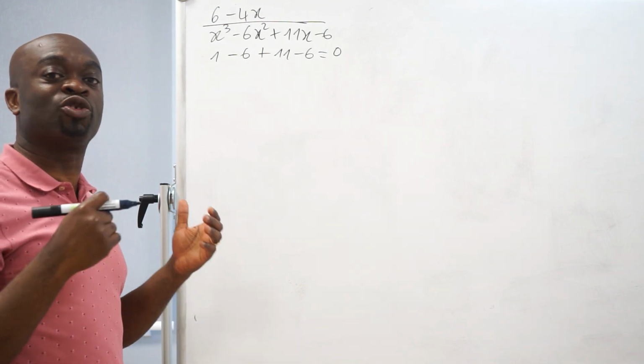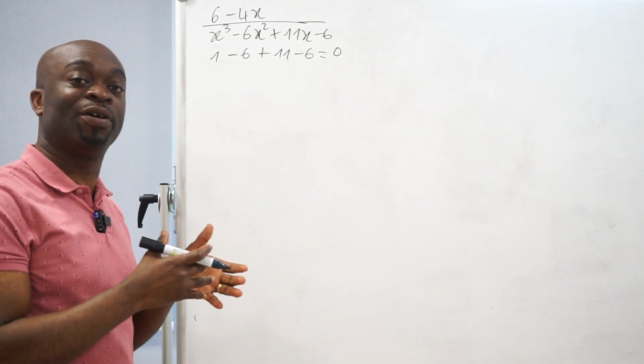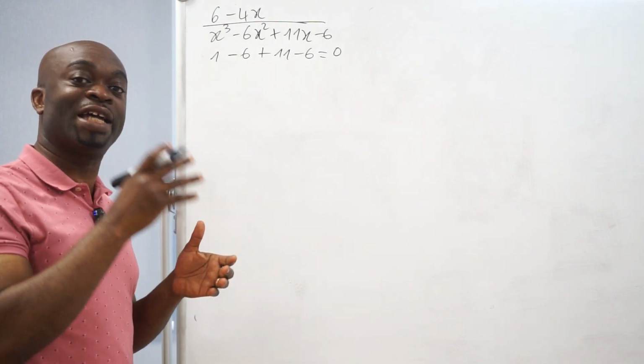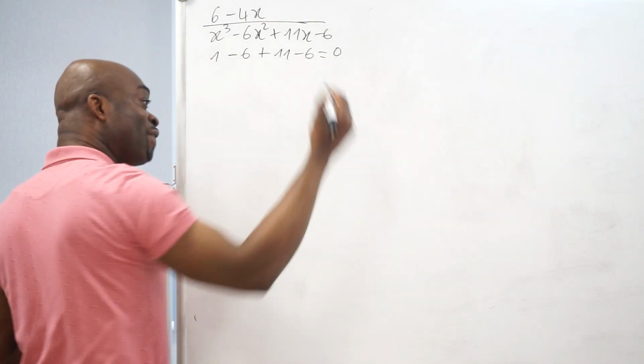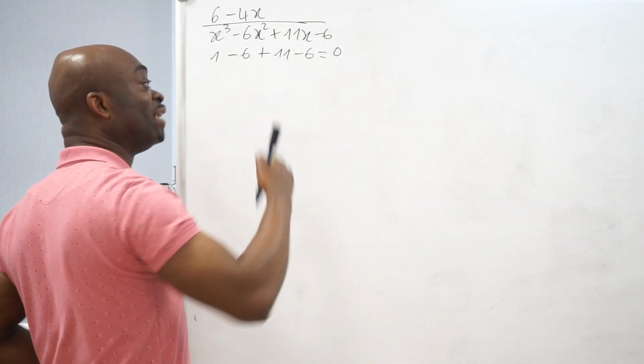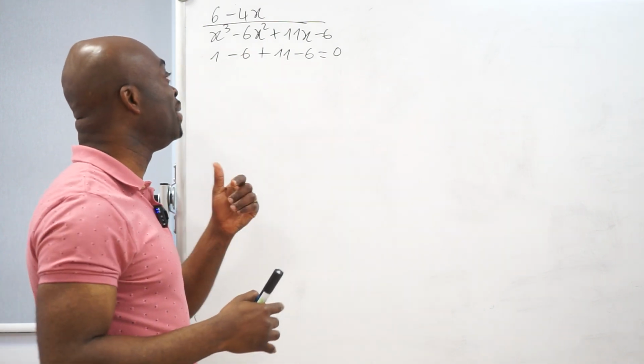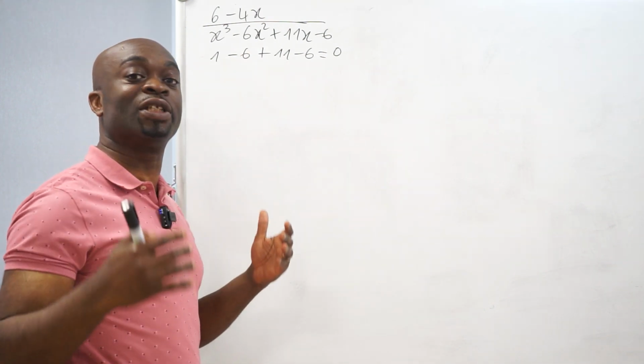But how do we translate that? Because we can write it down then as a factor, which is x minus 1. Okay? So now we have to keep going because we're still trying to break down the denominator. To do that, we're going to use long division.